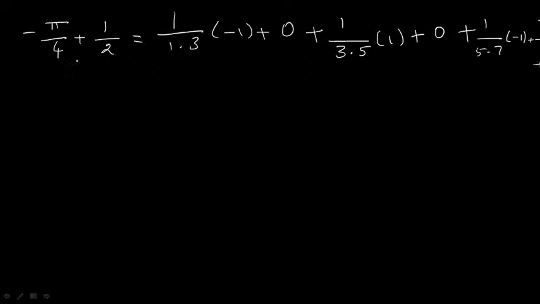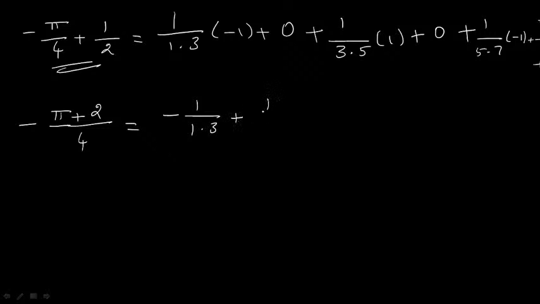Now, let me take an LCM as 4. If you take an LCM as 4, minus pi plus, here if you take 2 as an LCM, pi plus 2 over 4, which is equal to minus 1 over 1 product 3 plus 1 over 3 product 5 minus 1 over 5 product 7 plus etc. So you take minus outside, or you can cancel minus on both sides.